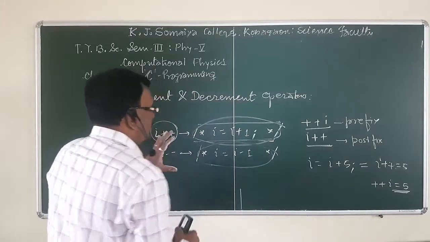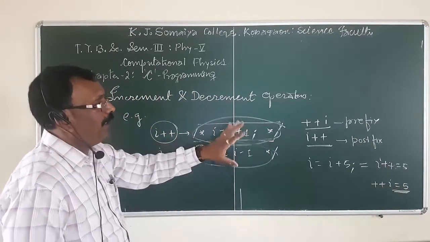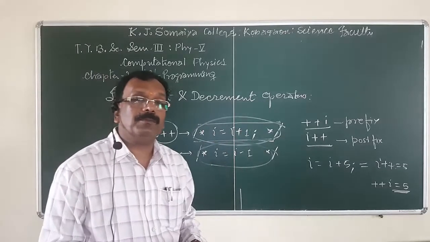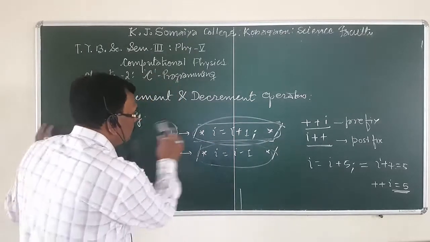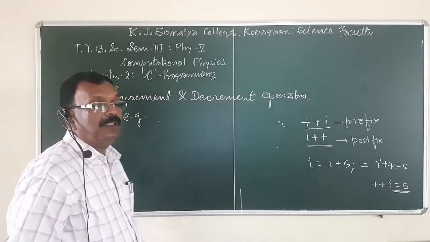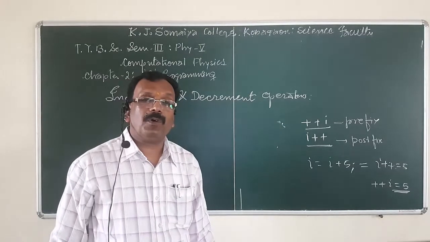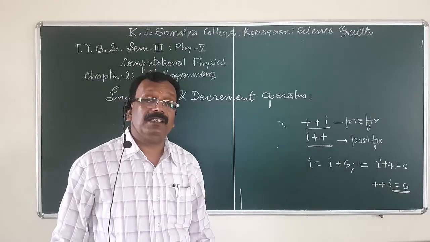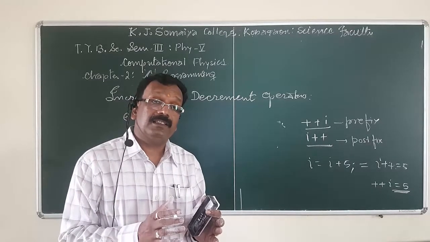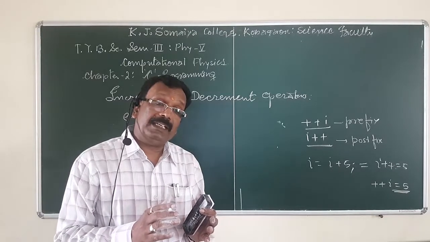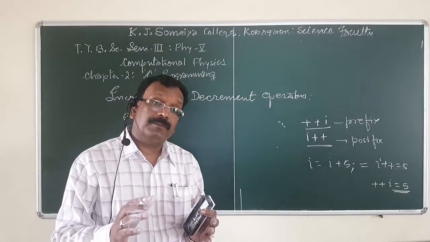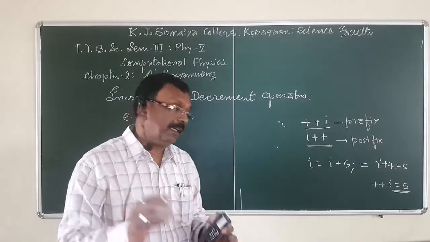Okay. So these operators are very useful in programs like this. Suppose we write a program for circles, and the radius of those circles is going to increase by 1 repeatedly.